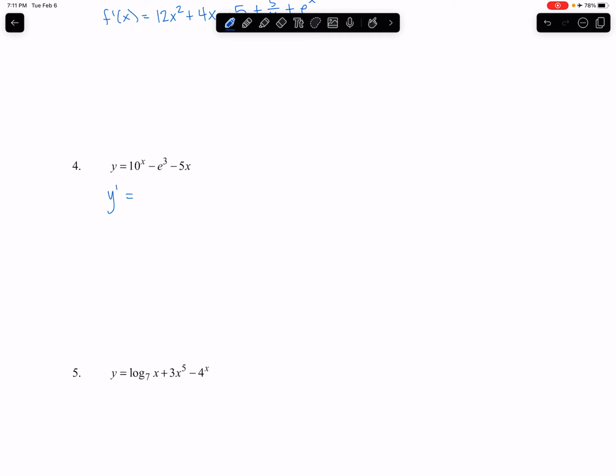Y prime is going to be the derivative of 10 to the x minus the derivative of e cubed minus 5 times the derivative of x.